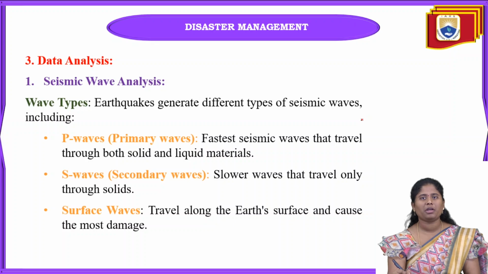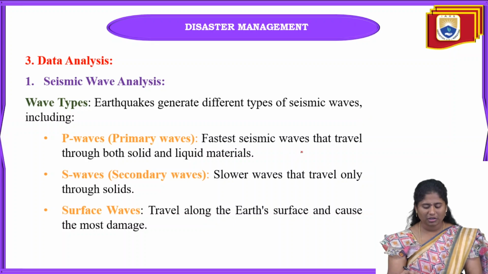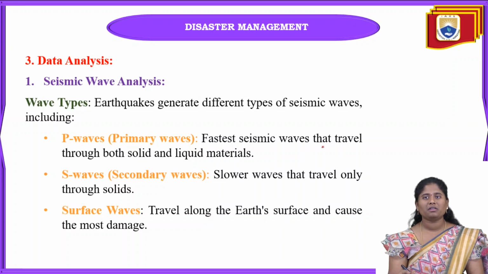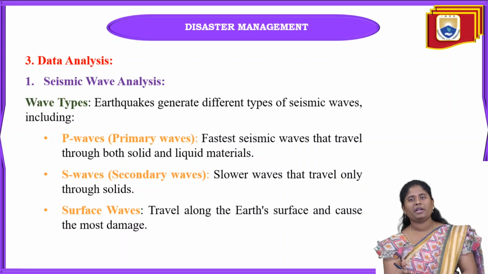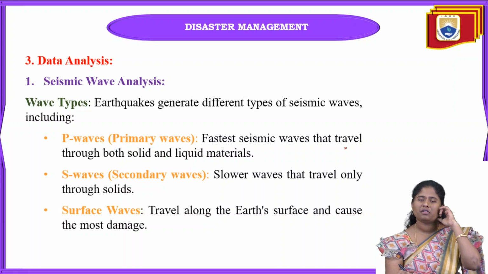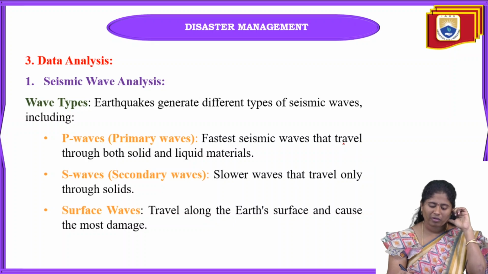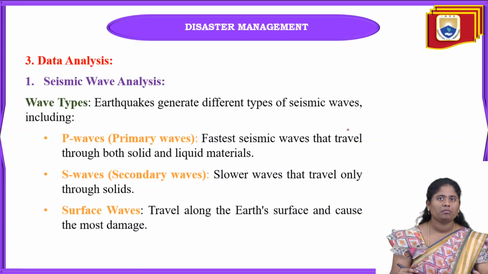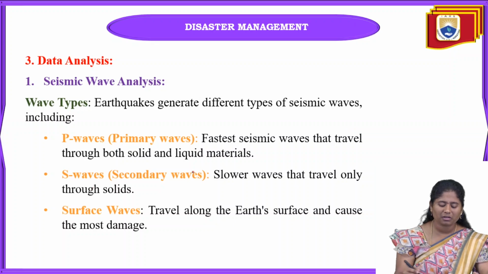The first one is primary waves, that is P waves. These primary waves are the fastest seismic waves, and they travel through both solid and liquid materials. Because of this seismic wave analysis, we can easily measure these earthquakes. The second one is S waves.